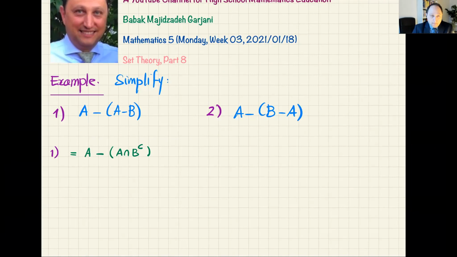But now there is another difference left. So I need to write the first one, I change the difference to intersection, but I have to consider the complement of the second set. This expression as a whole is my second set. So this means that I need to consider this complement. Okay.